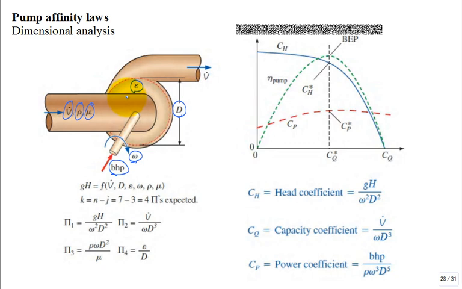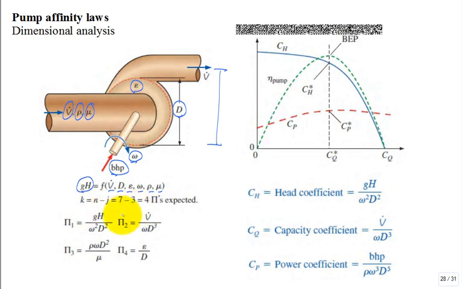And so you think, okay, well, this is the head generated by the pump. It's a function of all of these parameters, and you do a dimensional analysis. You can do the same thing for brake horsepower, dimensional analysis on that.